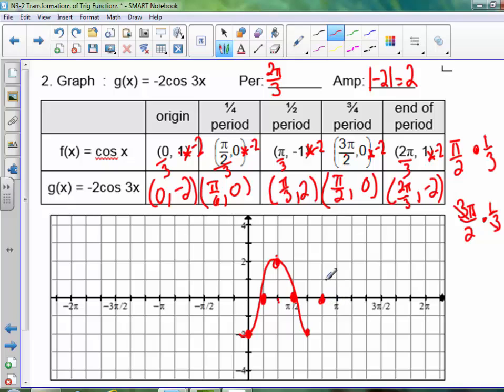Then up 2 over 1, and that's where the next one would be. And then down 2 over 1, and down 2 over 1. And that's going to be my next period of cosine. And then because we're still not at 2 pi, repeat. Up 2 over 1, up 2 over 1, down 2 over 1, down 2 over 1. And now I'm at 2 pi, so this side of the graph is complete.